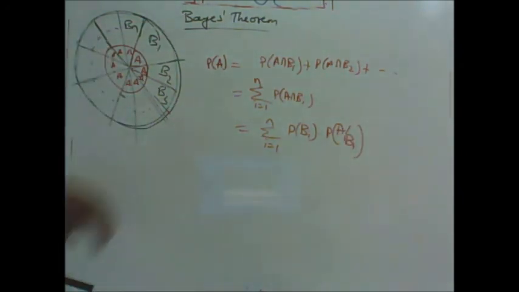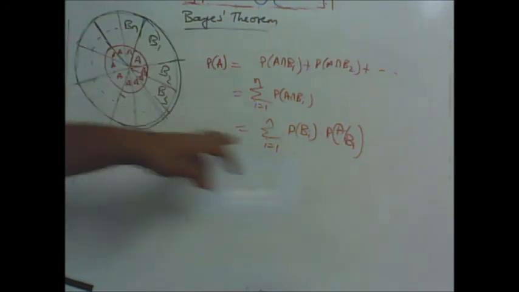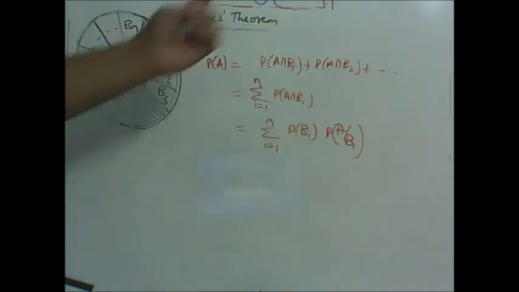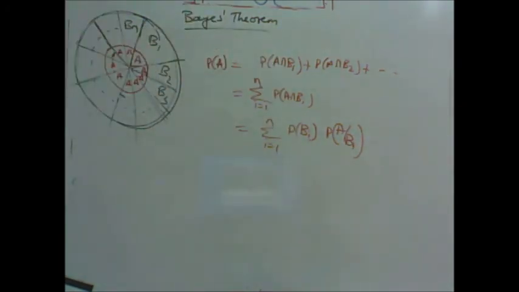For B1, B2, B3 we already know the probabilities. Once this happens, what is the probability of A? I mean, probability of A given Bi.